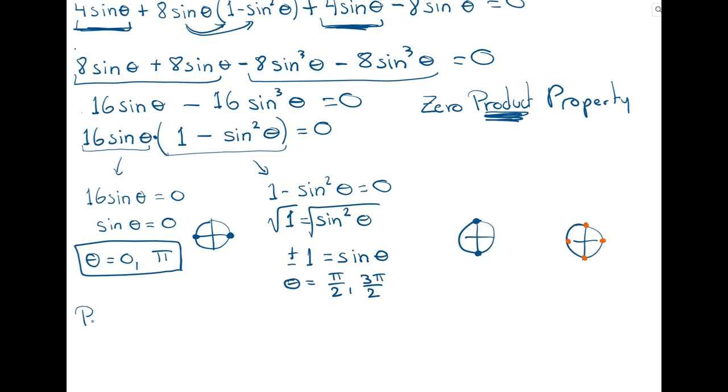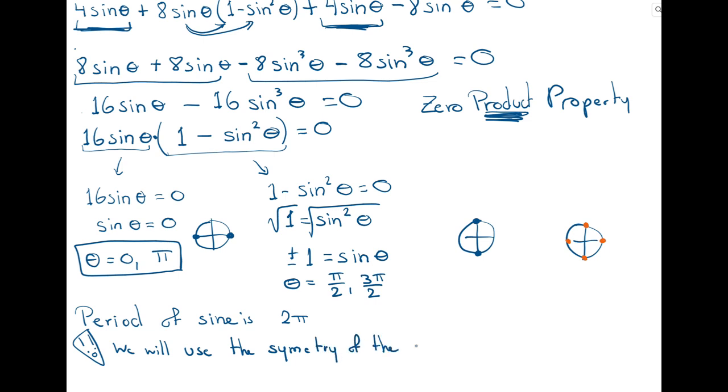So the period of sine is 2 pi. So the general solution, but we have symmetry, right? We have symmetry for the solution. So we want to think, attention, we will use the symmetry of the solutions.